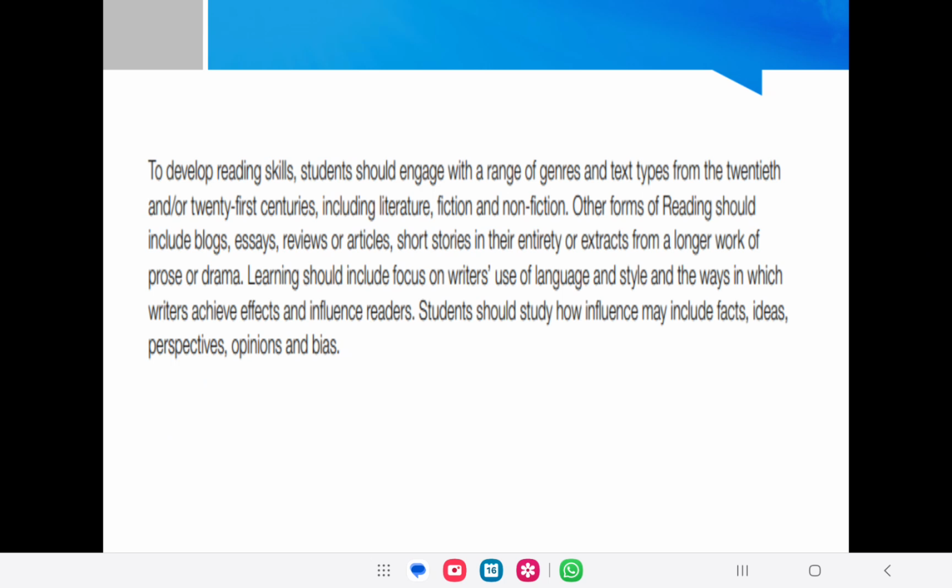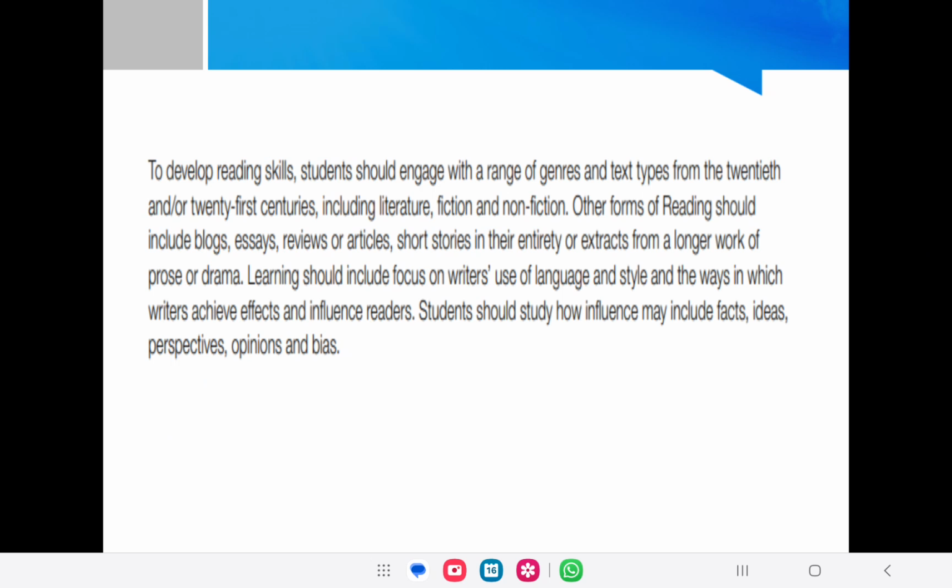Learning should include focus on a writer's use of language and style and the ways in which writers achieve effects and influence readers. Students should study how influence may include effects, ideas, perspectives, opinions and biases. So if you read a text, a novel, a book, keep all these points in your mind.